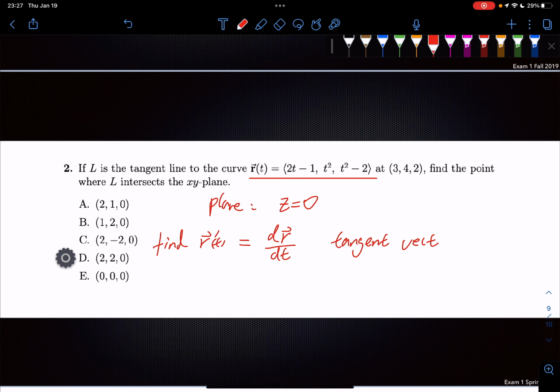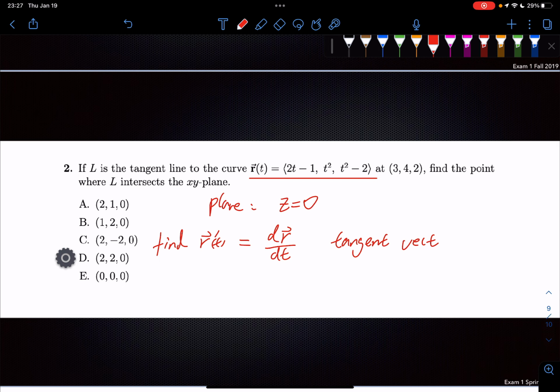And then remember, in the second video that I've made, 13.5, lines and planes in 3D, what do you need to define a line? You need a point and a vector. The point has to be on the line, and the vector has to be in the direction in which the line is traveling.